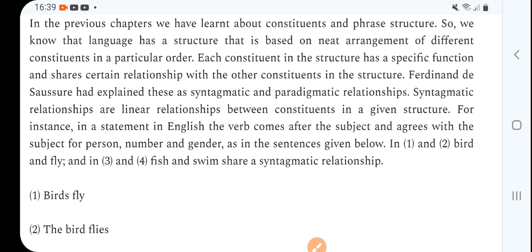Every word has its own function and shares a certain relationship with the other constituents in the structure. Definitely, between subject and verb there is a relationship. The subject is the doer, and when there is an object in the sentence, the subject does something to the object.